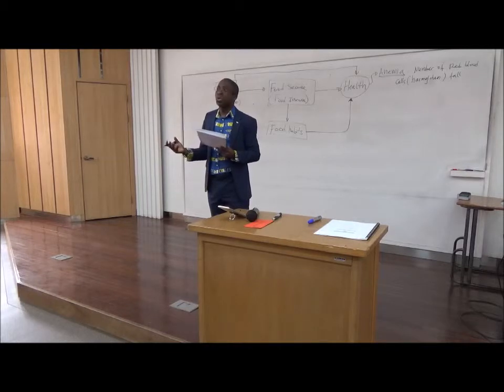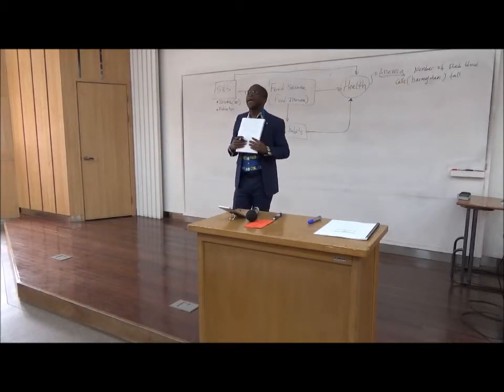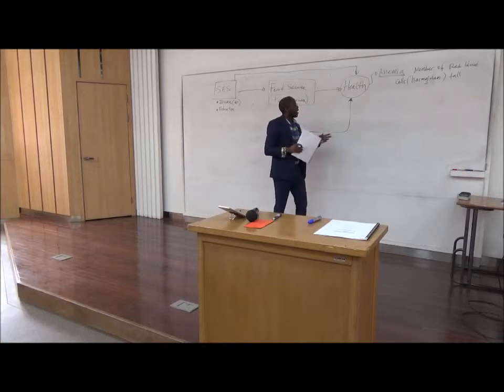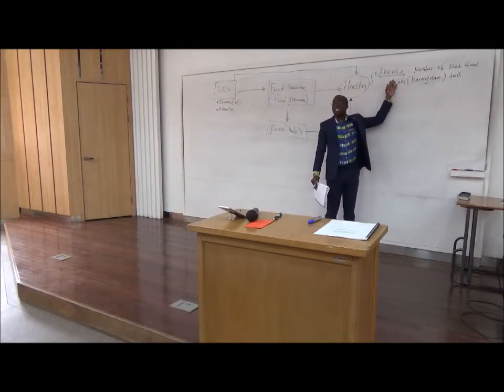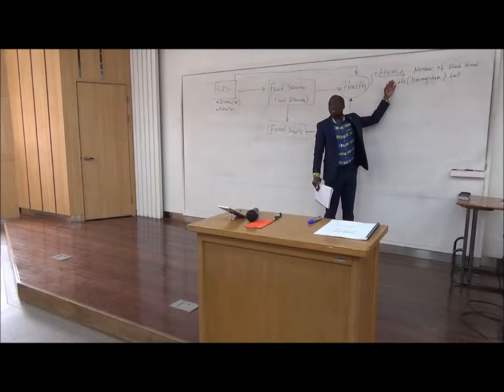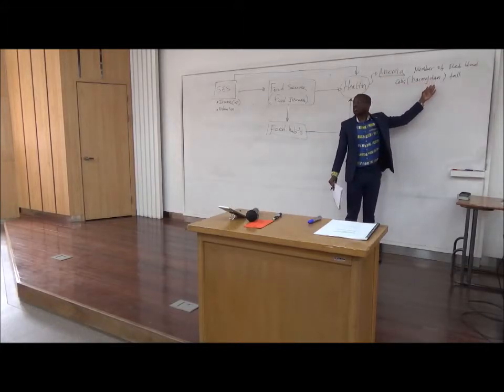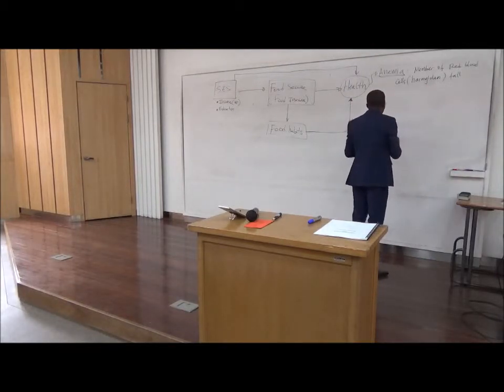So when we go to the hospital, remember the chapter on the relationship between food and health. What did we see? We talked about nutrition assessment. So we do the nutrition assessment, and we realize, wow, this lady has anemia. How do we know it? We know it because the number of red blood cells is lower than normal.